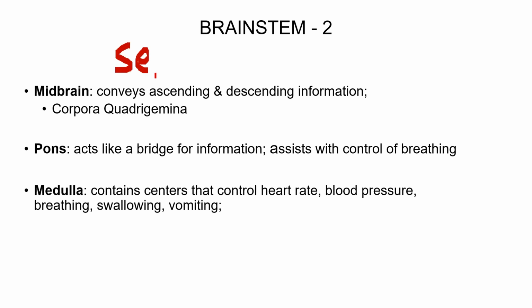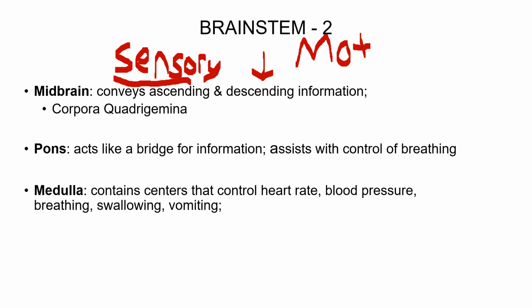Stuff coming from the body up into the brain, specifically to the thalamus, right? All that sensory information goes to the thalamus, and then the thalamus routes it to its final destination. And then descending information is going to be motor, right? It's going from the brain down to the body to tell us to do something, digest your food, wiggle your fingers, whatever.